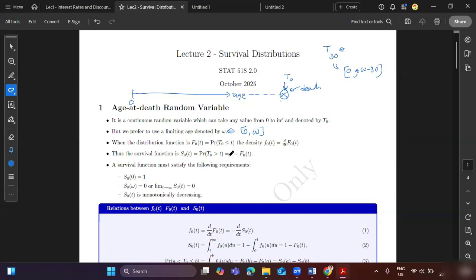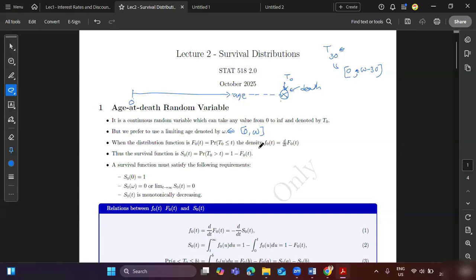Then, since this is a random variable, obviously it can have a probability density function because it's a continuous random variable. And for continuous random variables, we know we can have a probability model, which is called the density function.